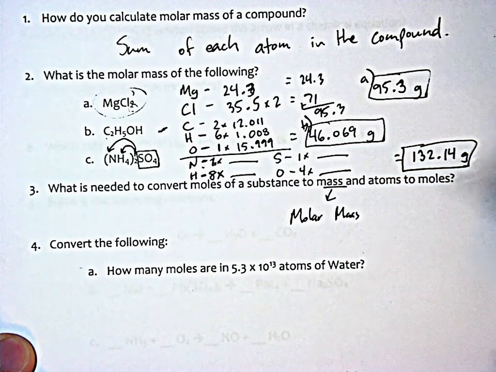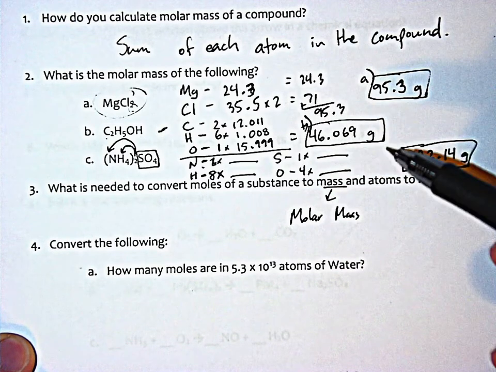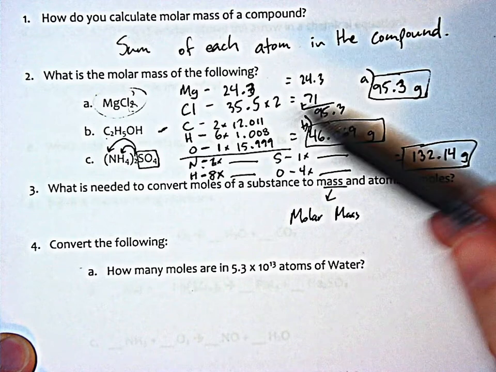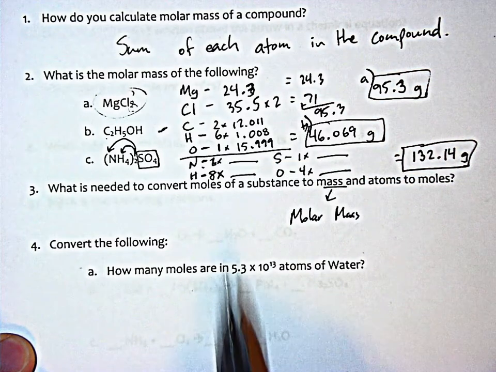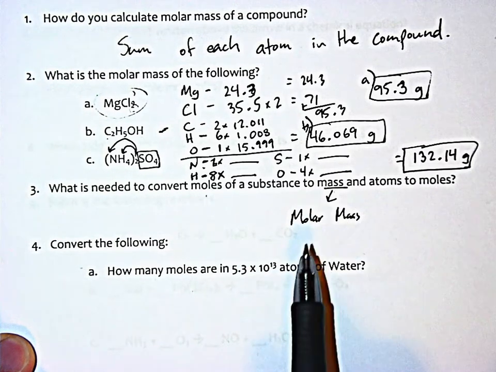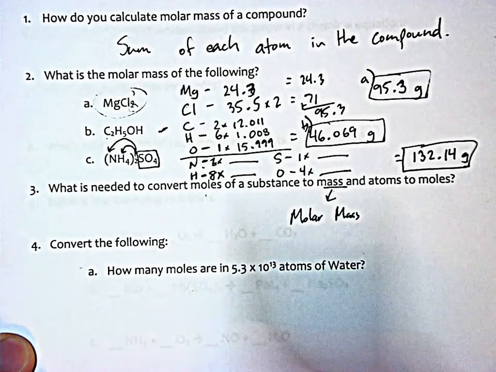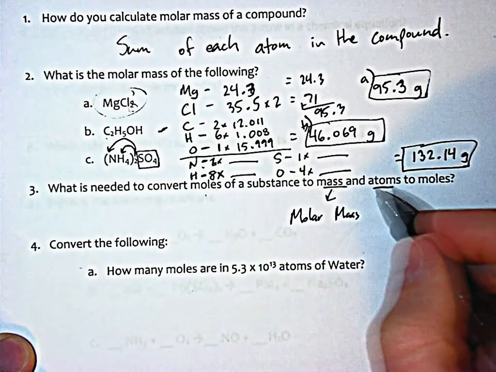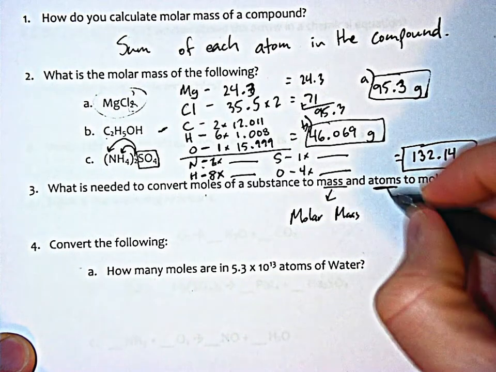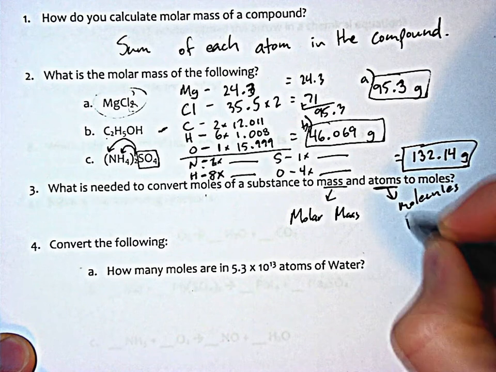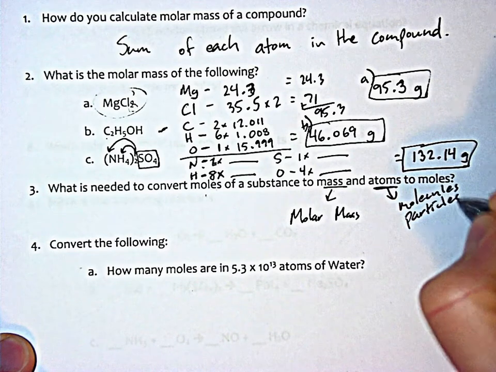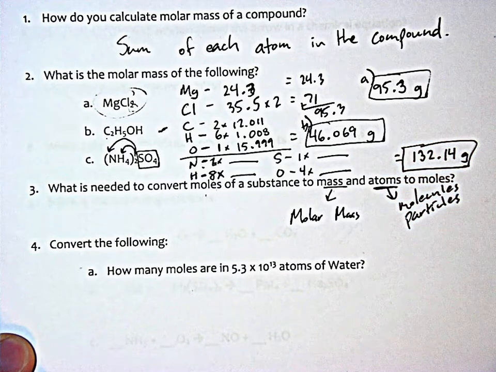That goes back to all these steps that we just did as far as finding the molar mass. If we're going to convert moles to atoms, or with atoms we could say molecules or particles, molecules, particles, atoms, they're all talking about the same thing.